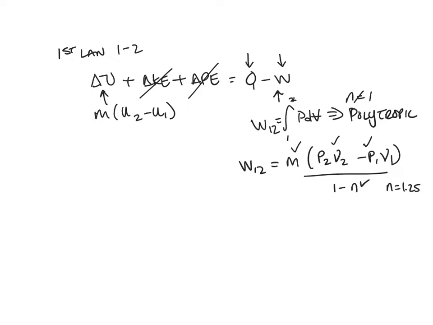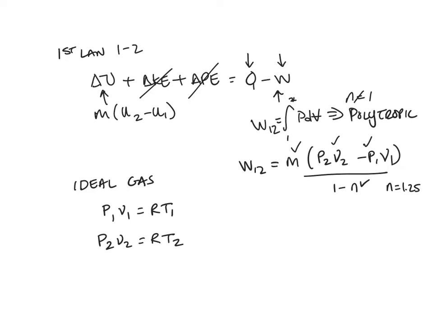And we're going to need to look at property relationships to figure out the rest of this. One of the property relationships we can use, because they told us to treat it as an ideal gas, is the ideal gas law. We have 2 different versions we can write: Pv equals RT at state 1, and we can also do the same thing at state 2.